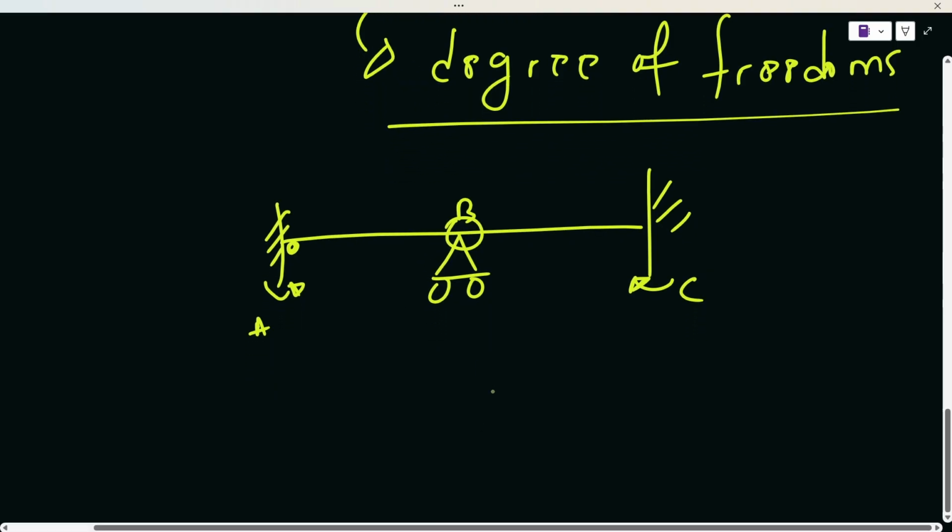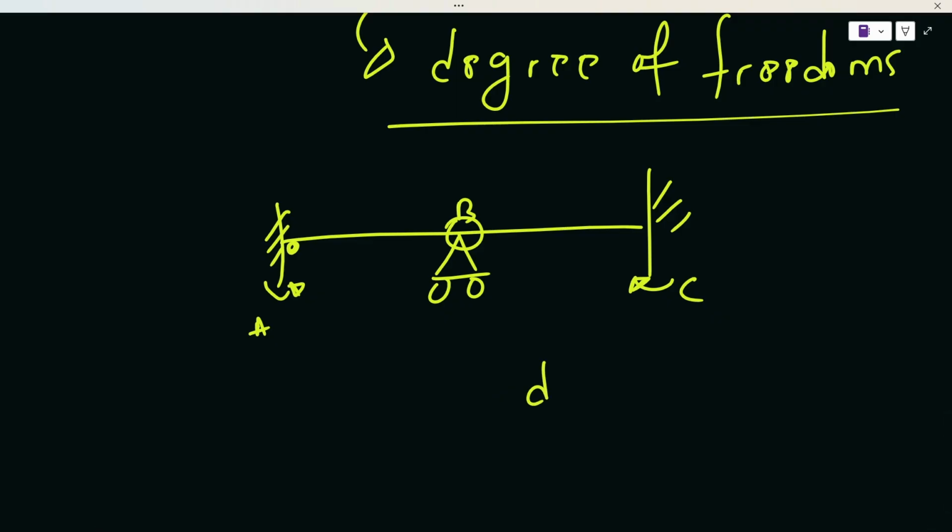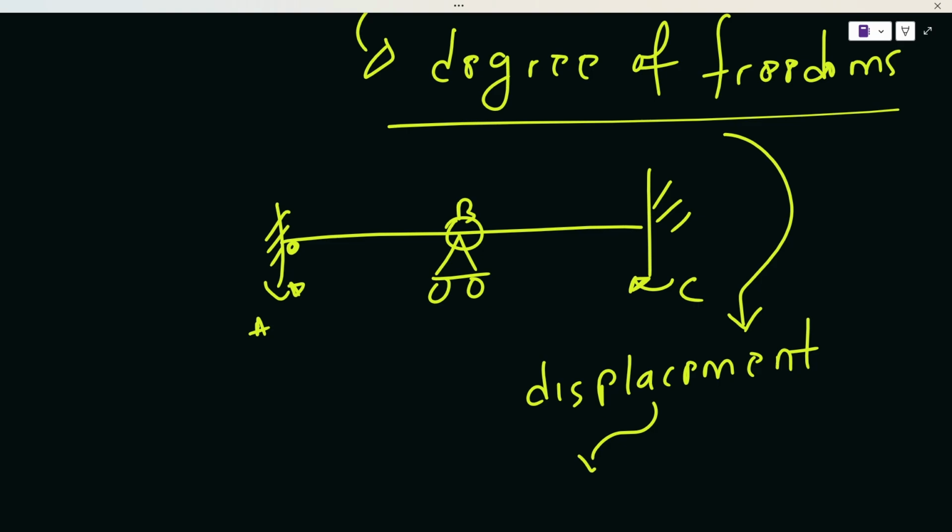When I'm talking about degrees of freedom, I'm looking at displacement. And when I talk of displacement, I'm talking of two things: translation and rotation.